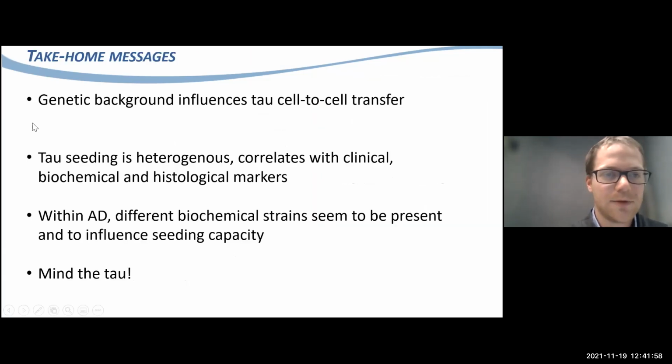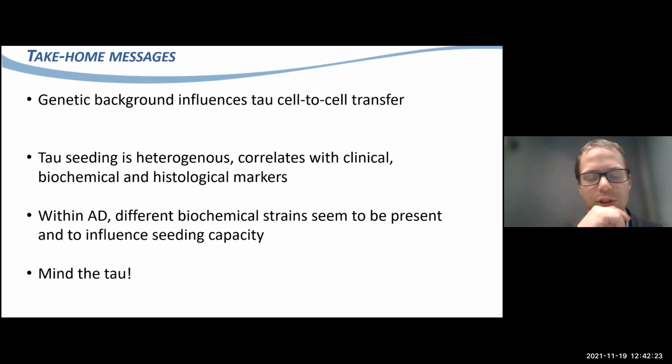So a couple of take-home messages for this talk: as I said at the beginning, genetic background has an influence on the amount of tau cells that transfer. Then we saw that tau seeding was heterogeneous from case to case, and that it correlates with some clinical markers of dementia, but also with some biochemical and histological markers.